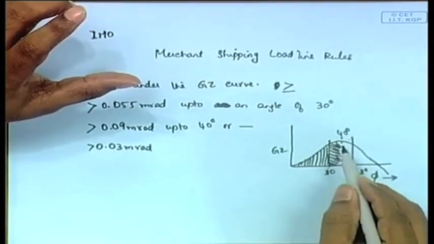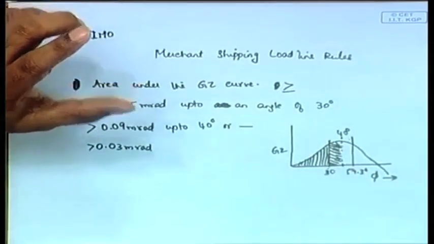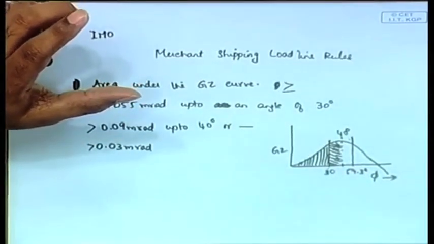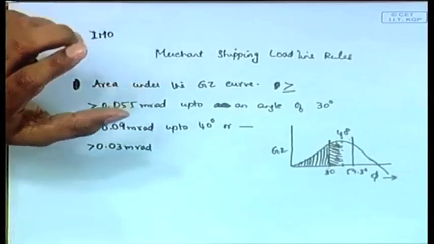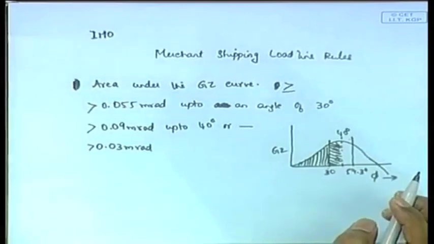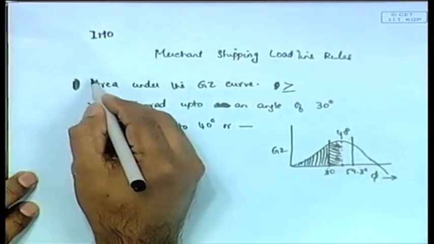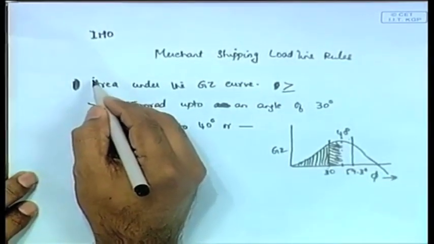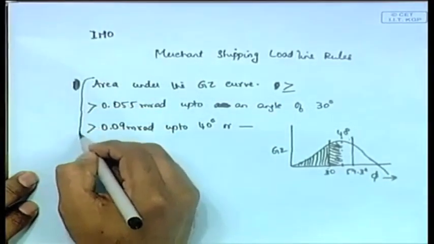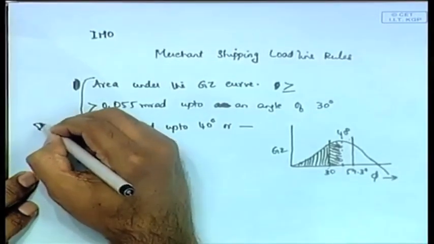It does not have to be 40 degrees, if there is a hole coming before that, then up to that angle there should be 0.03 meter radians of area in this GZ curve. So, these are three important rules. This is how rules are made on the basis of dynamical similarity. These three things relate to dynamical stability. These are rules associated with dynamical stability.